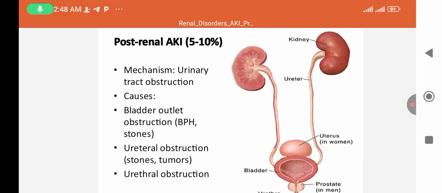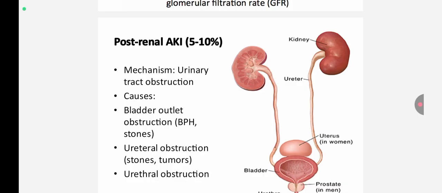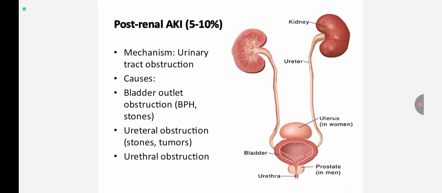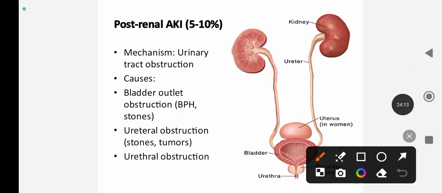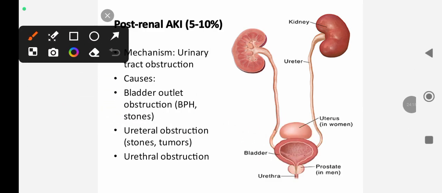So the mechanism is urinary tract obstruction, and this can be caused by bladder outlet obstruction, like benign prostatic hyperplasia. That is, if this prostate here becomes enlarged, it constricts the urethra, leading to reduced urine output.